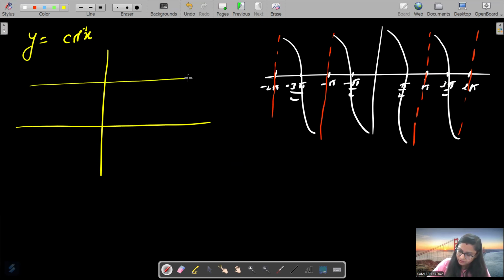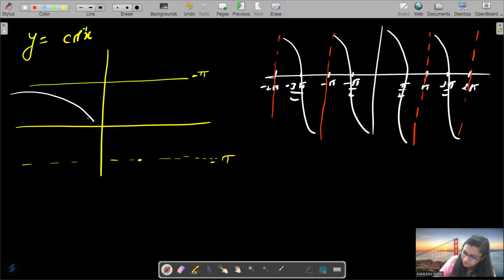So this is the straight line, okay, minus pi, or actually this is pi and this is minus pi, okay. Then the graph of cot inverse x is like that, okay. So this is the graph of cot inverse x.